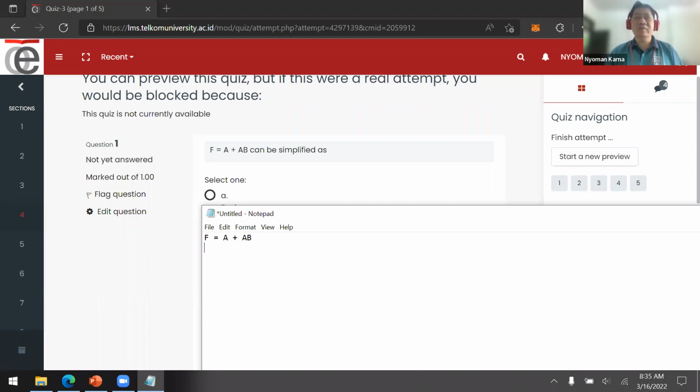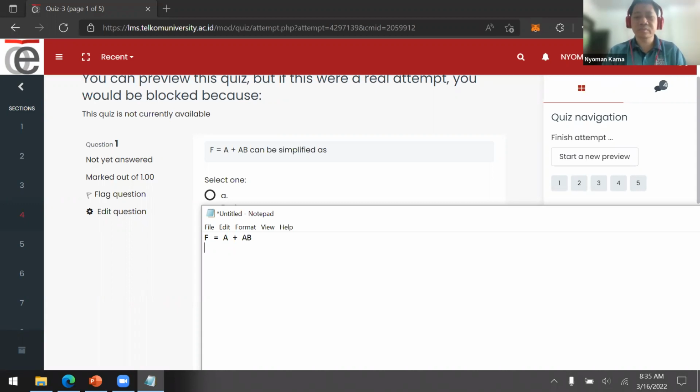Then the first thing we need to do is to find in each product if there is a similar variable. In this case, A is the same variable between A and AB.